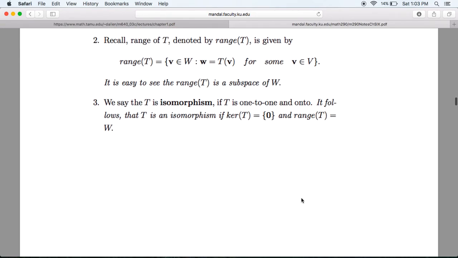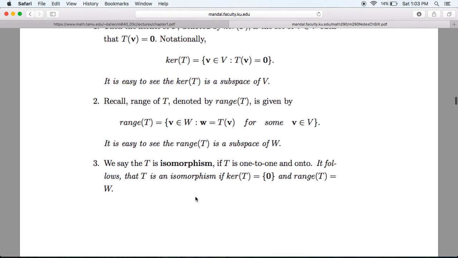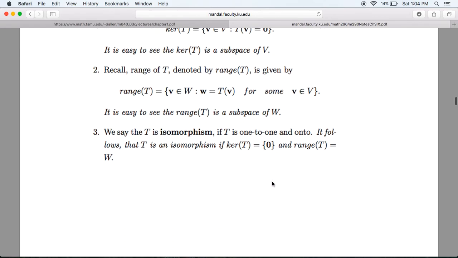And we can prove that T is an isomorphism if and only if kernel of T is 0 and range of T is W. So kernel of T being 0 implies that T is an injection, and range of T equal to W implies that T is a surjection. This follows from high school function theory, and this requires a proof.